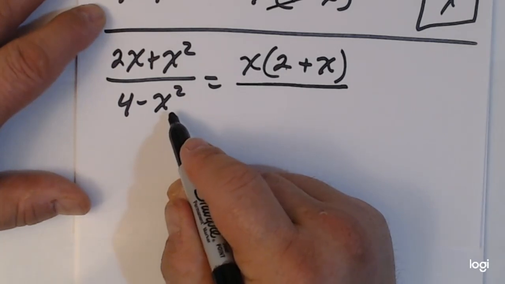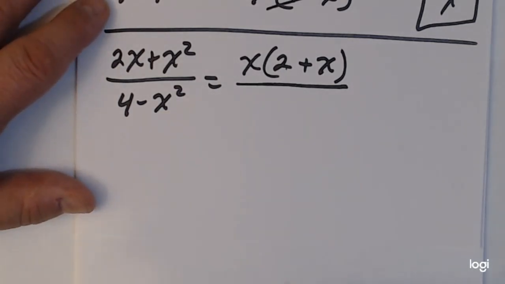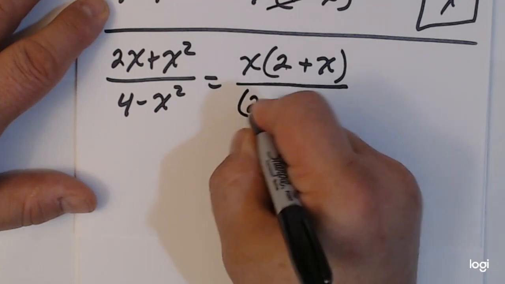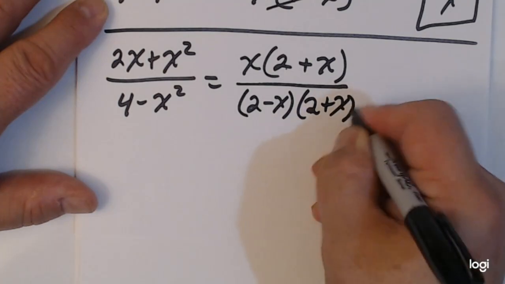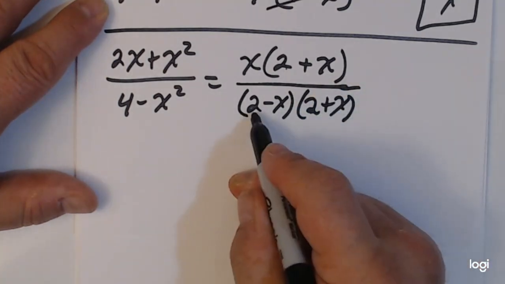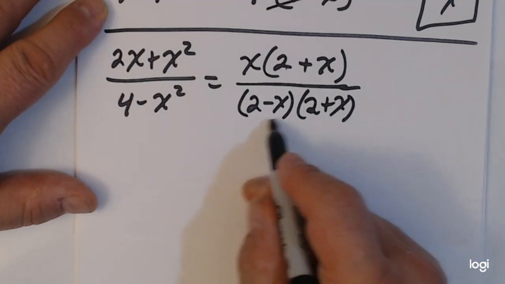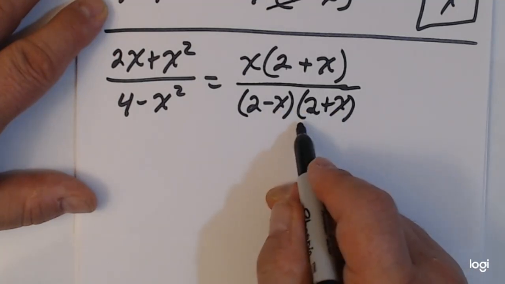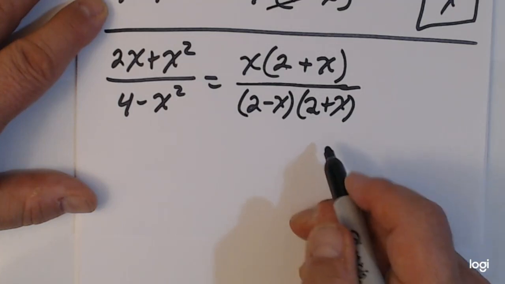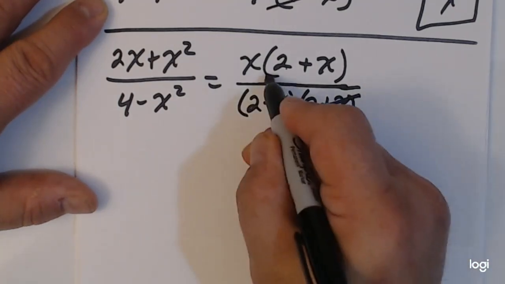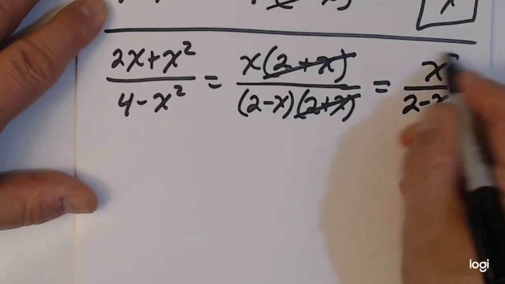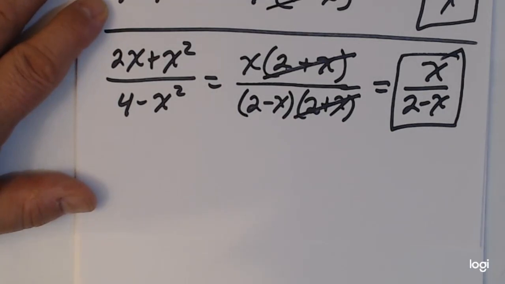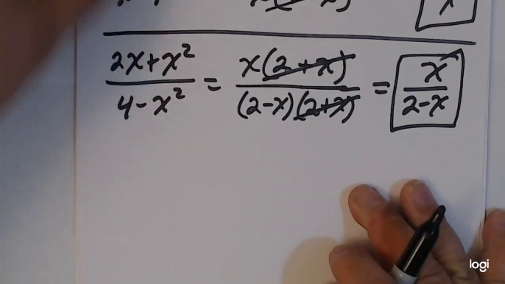X times x is x squared. 4 minus x squared is the difference between squares. We have 2 minus x and 2 plus x, right? 2 times 2 is 4. The plus 2x and minus 2x go out, minus x squared. So we're going to cancel the 2 plus x's, and we're left with x over 2 minus x. So that takes care of that one.